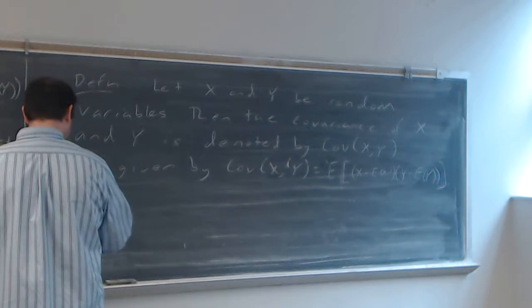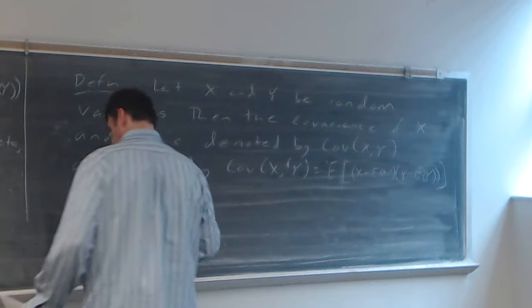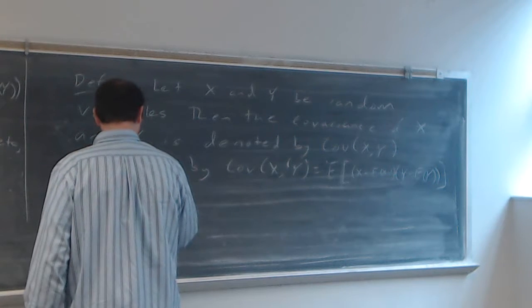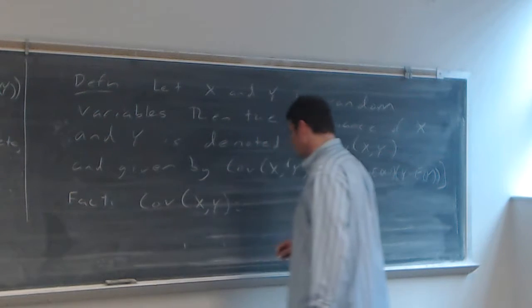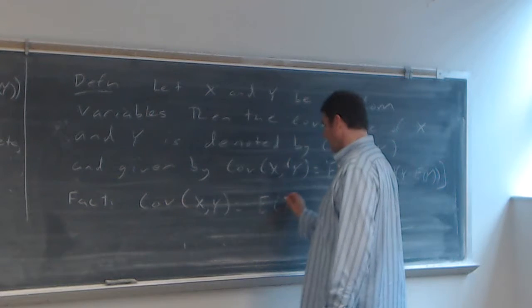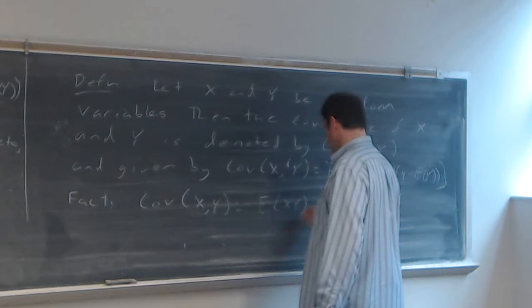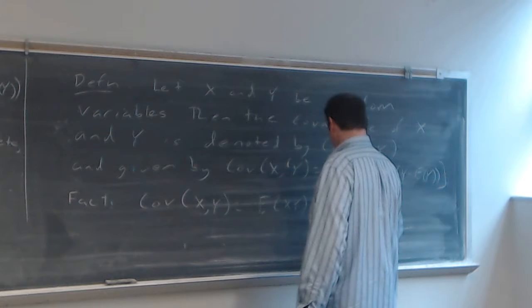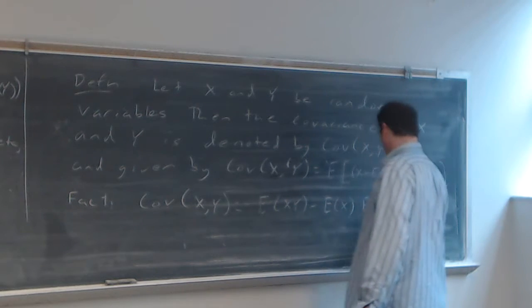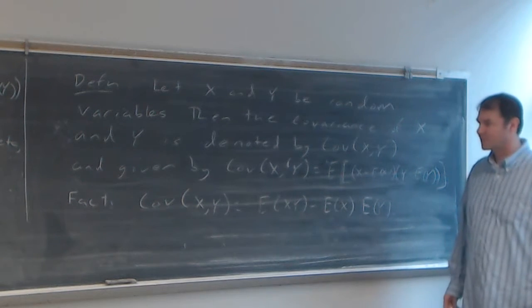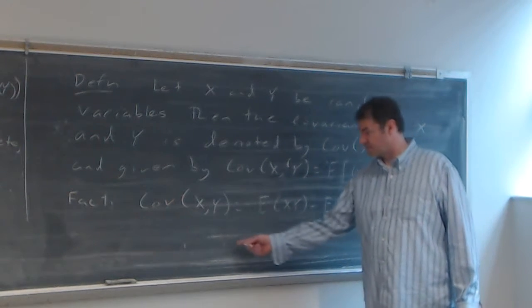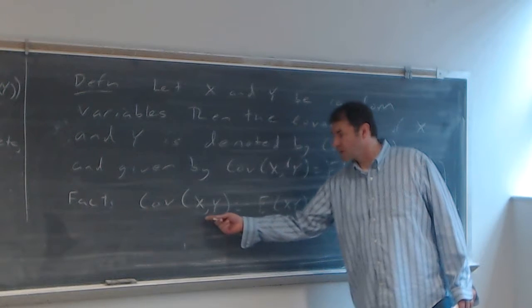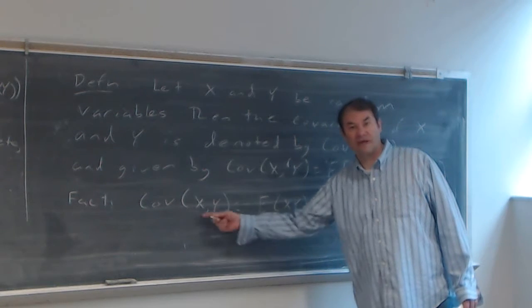As a fact, the covariance between x and y is the same thing as the expected value of the quantity x times y minus the expected value of x times the expected value of y. Look, I'm going to prove a fact a little later on about the covariance of x with x.